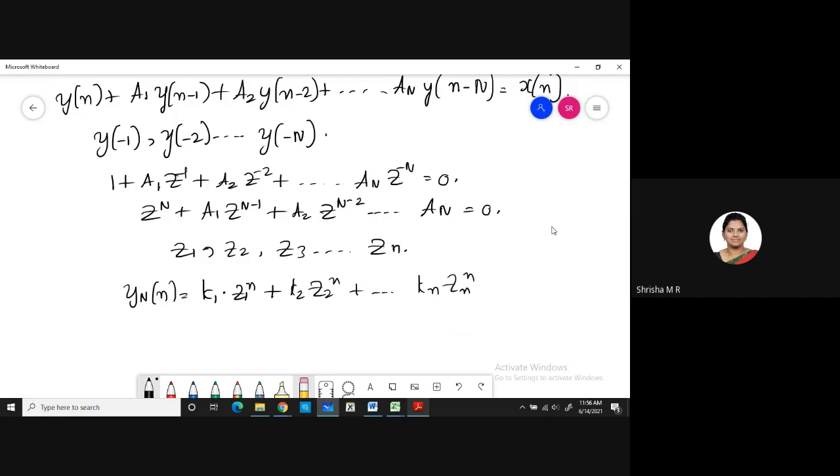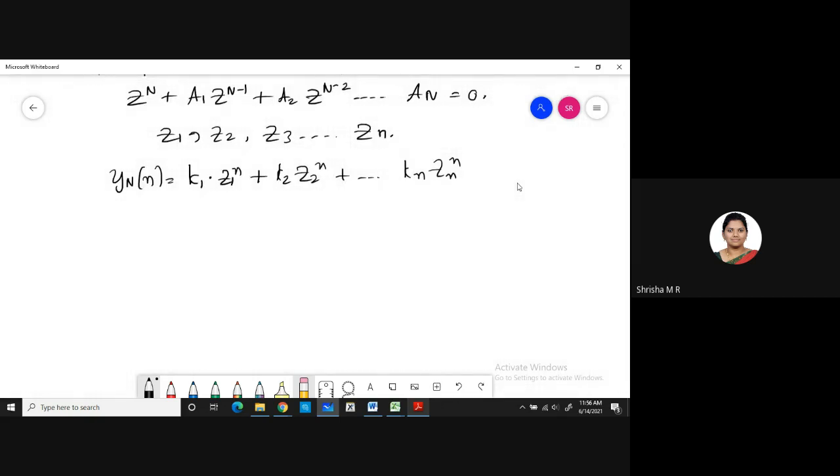Fine. So I will write a table for the roots of the characteristic equation and the structure of the natural response. You observe that.